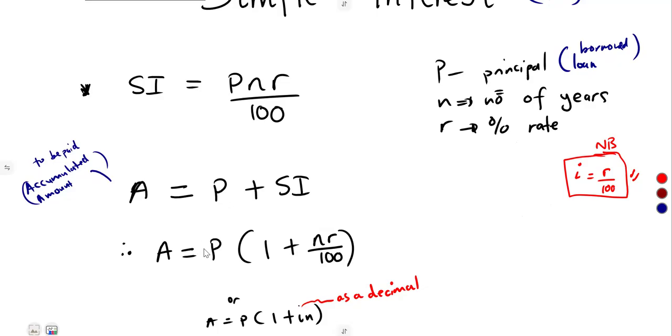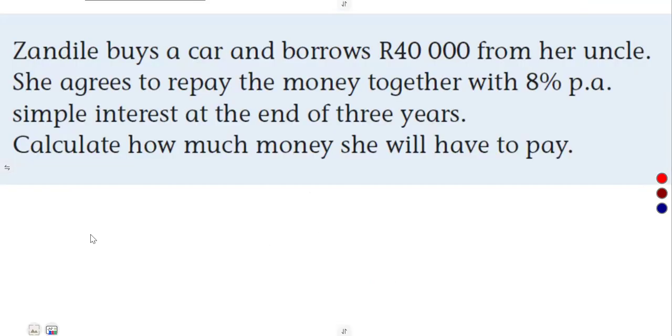Sometimes you're asked to just calculate that simple interest or the accumulated amount they want to be paid after a certain period of time. For an example, we are given here that Zandile buys a car, and borrows, that's a loan, 40,000 from her uncle.